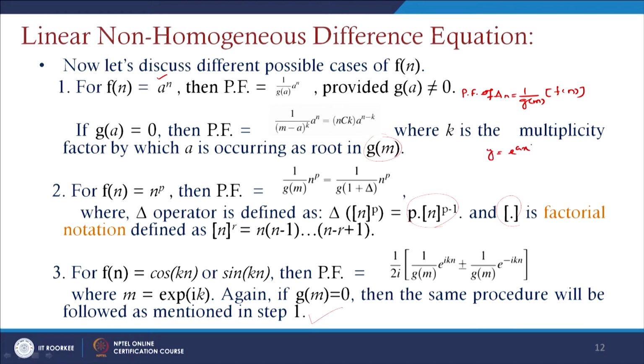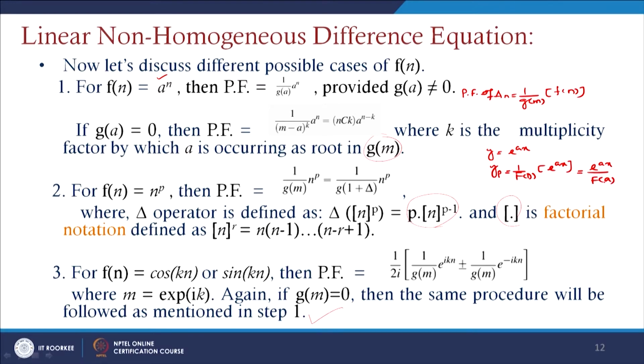Then we write this particular function: if the function is in the form of y p, then 1 by f of D operated on e to the power ax is replaced by e to the power ax by f of a.